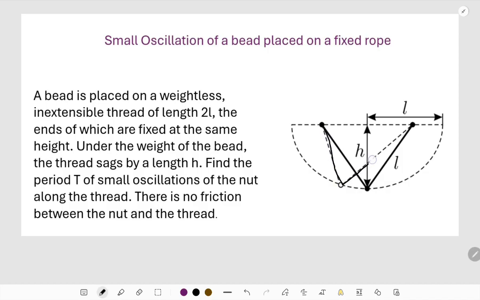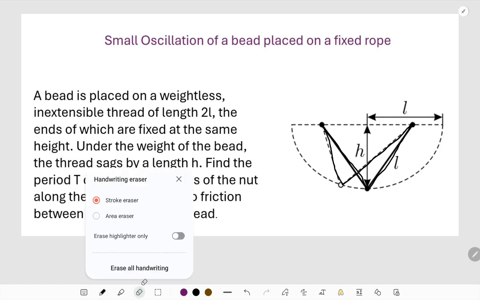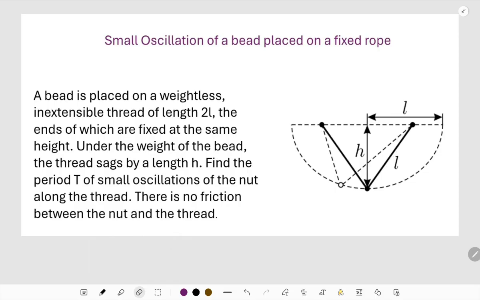This length is constant, and it is equal to 2L. And an ellipse has this property.